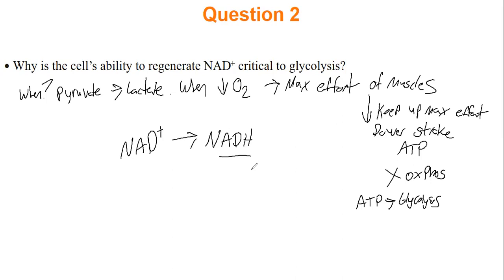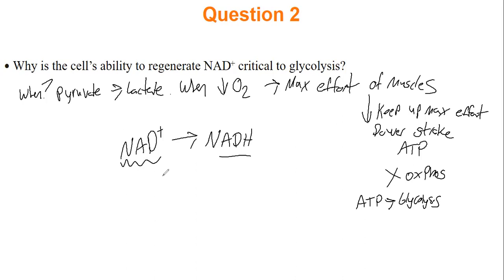And if we do not replenish the amount of NAD plus in our cells, glycolysis can't move forward. You need NAD plus or glycolysis doesn't work. Glycolysis stops working, your muscles stop working. Your muscles stop working, depending what situation you're in, you're probably dead. You don't want that to happen as an organism.